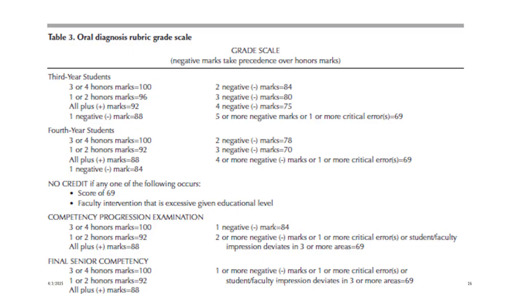The grading scale is different for each level according to the level of the competency of the student. For example, a third year student is a beginner. So how can you differentiate the third year student from the fourth year student, or the fourth year student from the fifth year student? And this often happens.